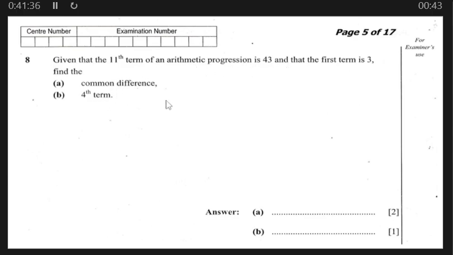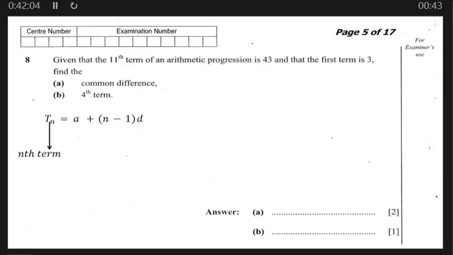So an arithmetic progression is represented by this formula here, which is Tn is equal to A plus, open brackets, n minus 1, close brackets, d, where this Tn represents the nth term.